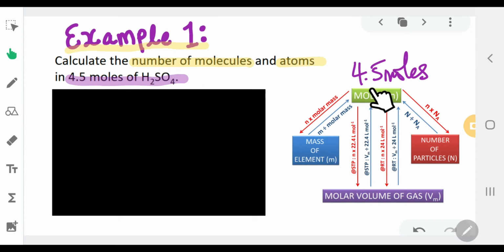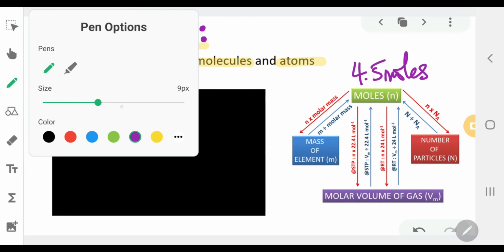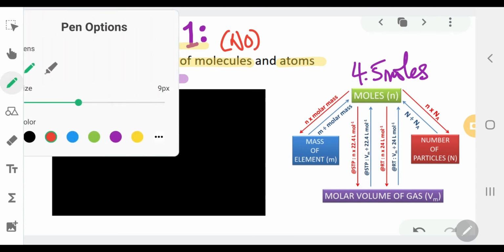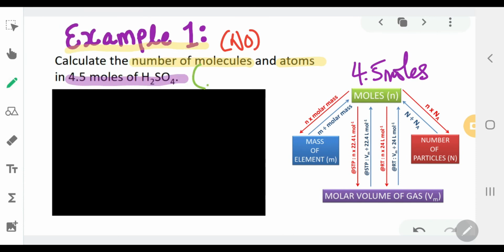So if the number of molecules, are you going that direction, to the left or to the right? Obviously, it is not going to be the mass. It's not going to be the volume, but you need to find the number of molecules. It is the N. Okay, so you are trying to find the N over here from the given mole. So we're going to go in this direction.